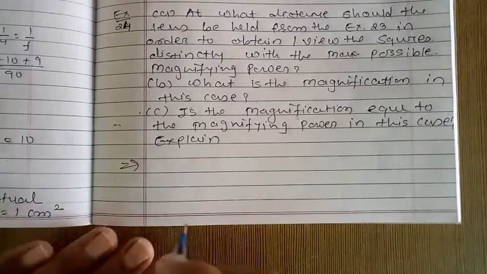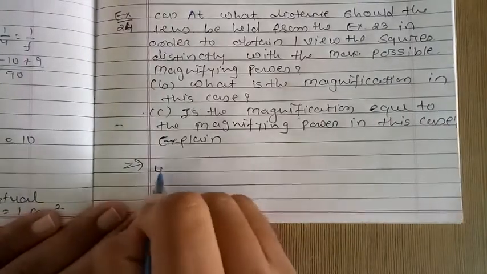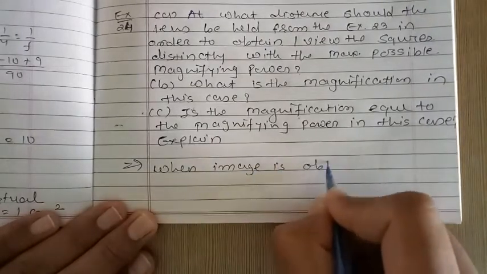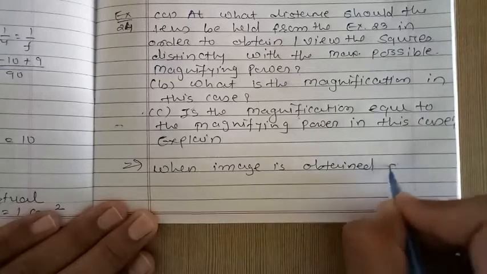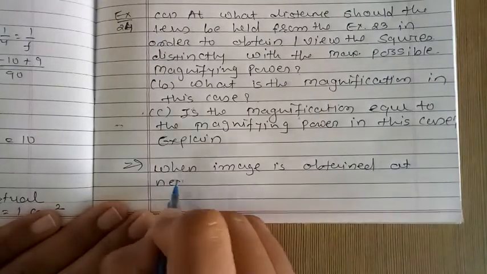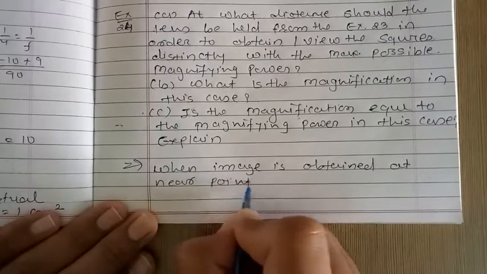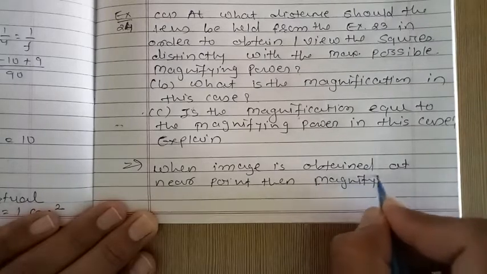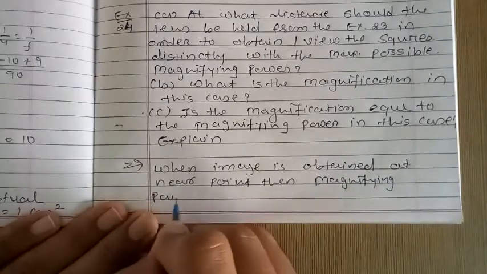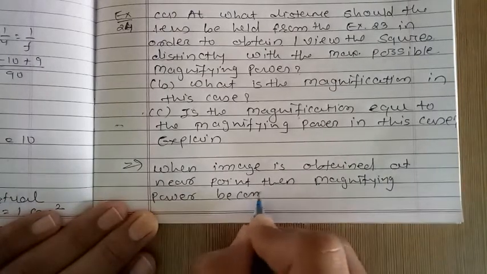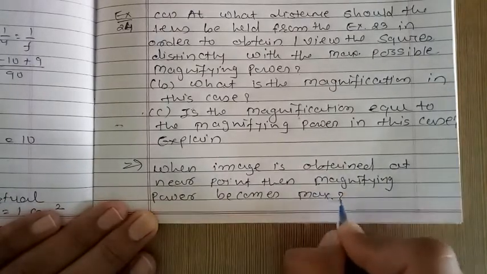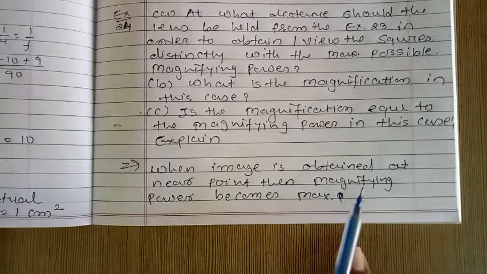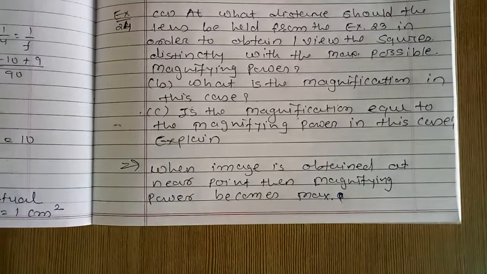So here I write that sentence: when the image is obtained at the near point, then the magnifying power becomes maximum, right?